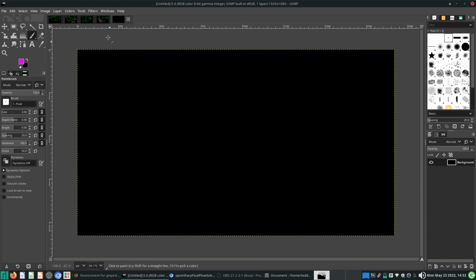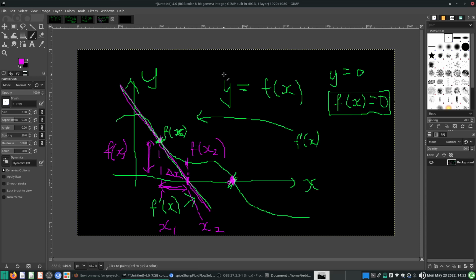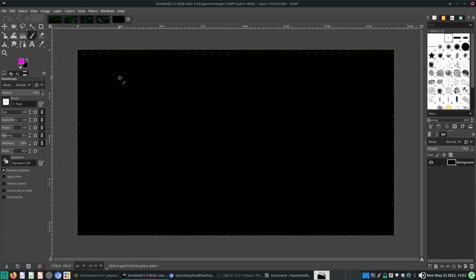Let's say we have a function 1, which is a function of x1, x2, and x3, and this is supposed to equal 0.